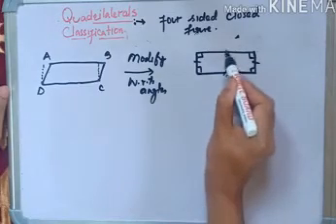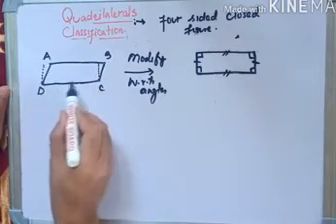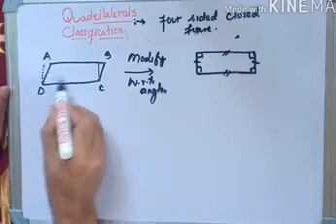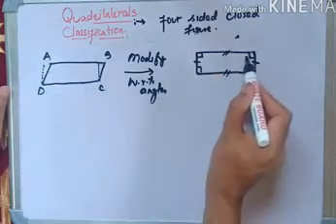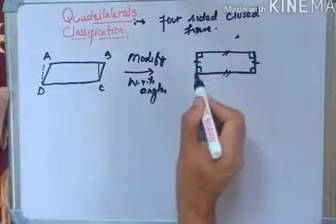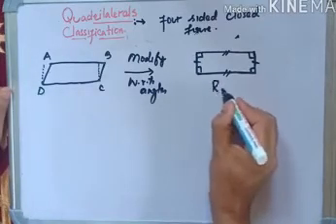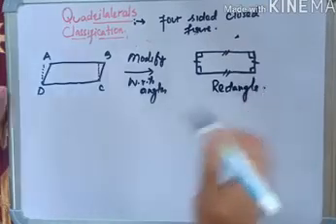In the parallelogram opposite sides were also equal, but not all the angles were equal. Here all the angles are equal and each angle measures 90 degrees. So this type of quadrilateral which I get from the parallelogram is referred to as a rectangle.